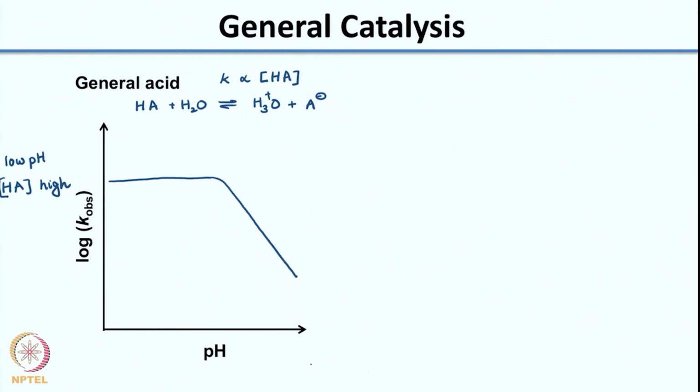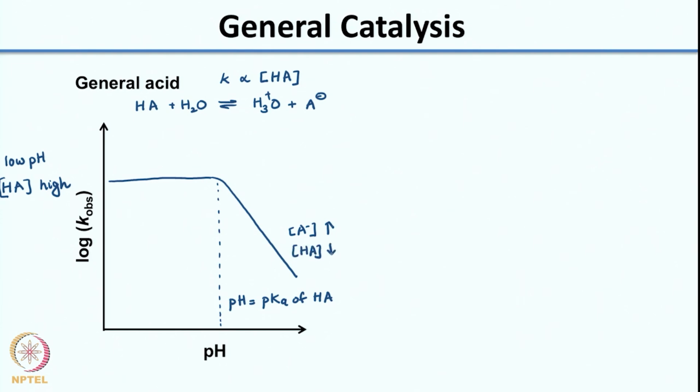So what is happening here? At this point the pH will be equal to the pKa of HA. Beyond this point the concentration of A minus will start increasing, and the concentration of HA will start decreasing.